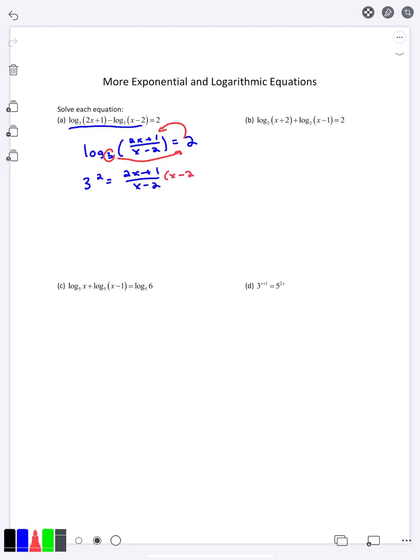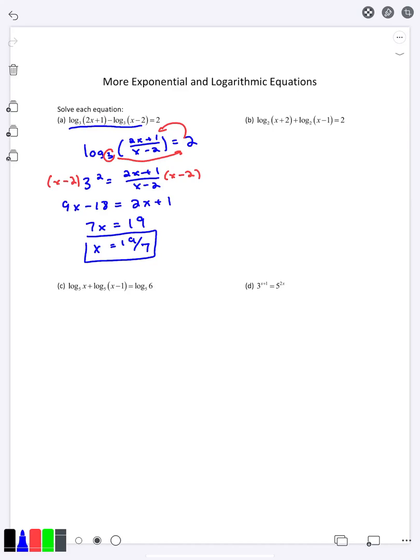We then go ahead and clear the denominators here. This would give me 9x minus 18 equals 2x plus 1. I can move the 2x over and the 18 over and divide, and we get 19/7, and that is our answer.